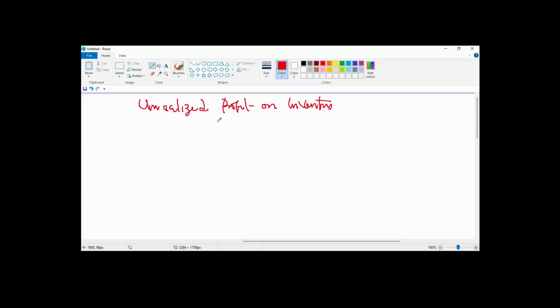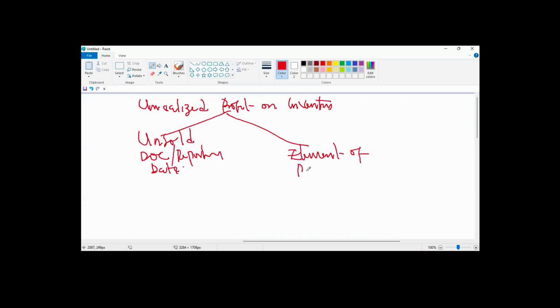Two things must be established. One, there must be unsold inventory at DOC, date of consolidation, that is the reporting date. Two, there must be elements of profit. How do I know there's an element of profit? One, you will hear markup, which is on cost.